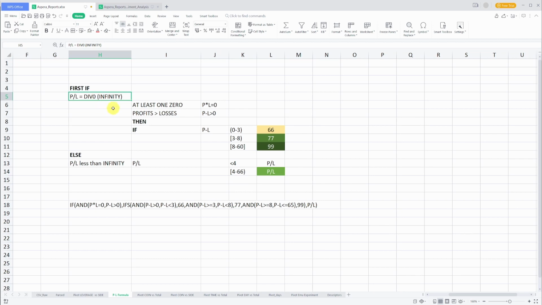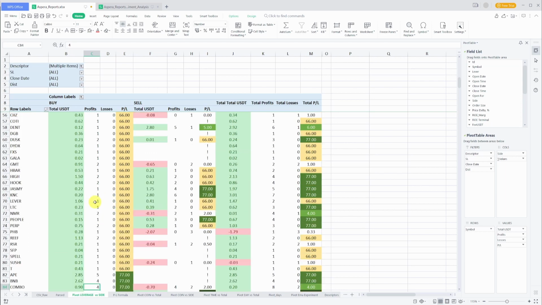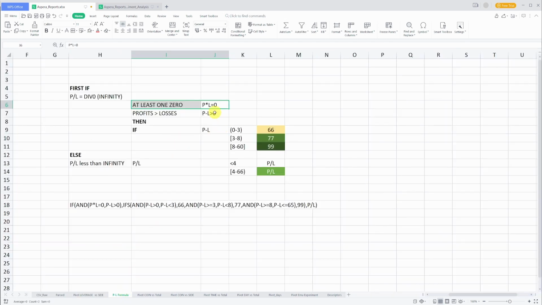To do that, 2 conditions have to be met. At least one of the numbers should be 0, as we have seen here. This one is 0, and this one is not. And vice versa, where we have 0 profits and some losses. So in order to check that, we just multiply the numbers, and it should equal 0, means one of them is 0.